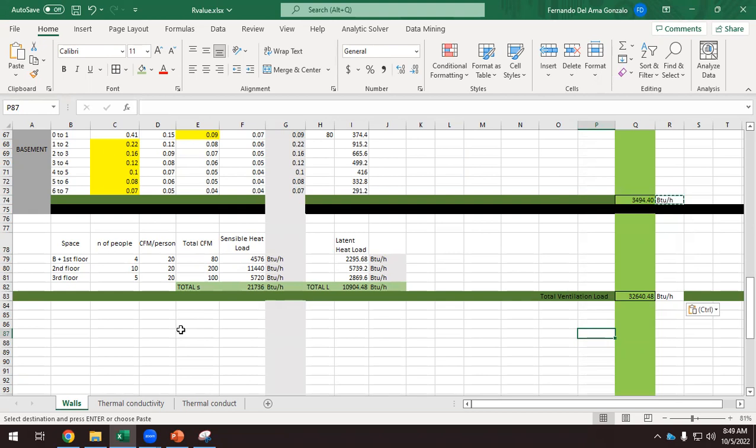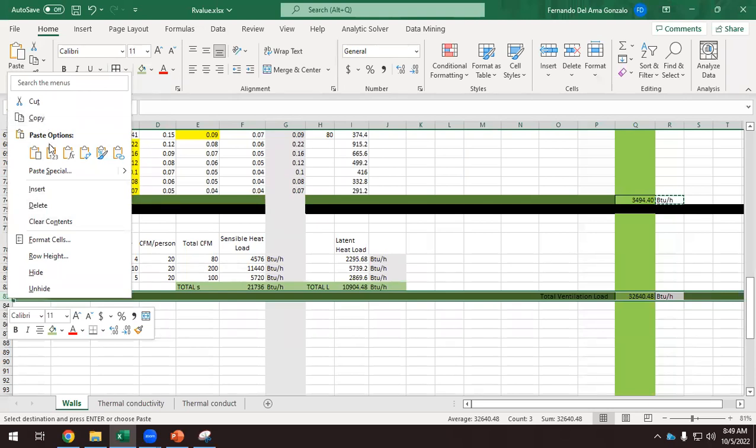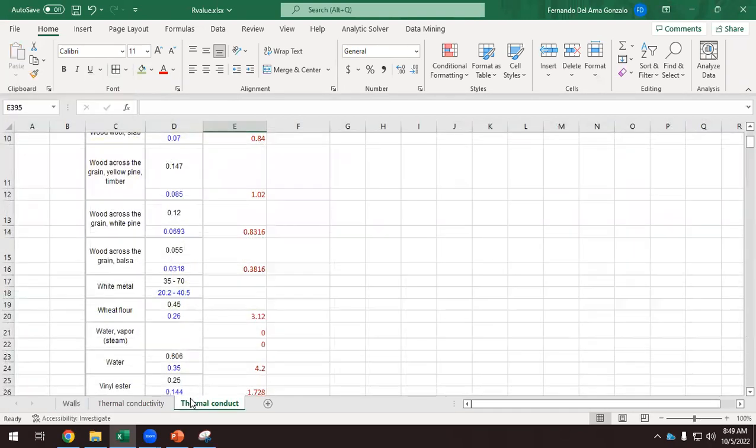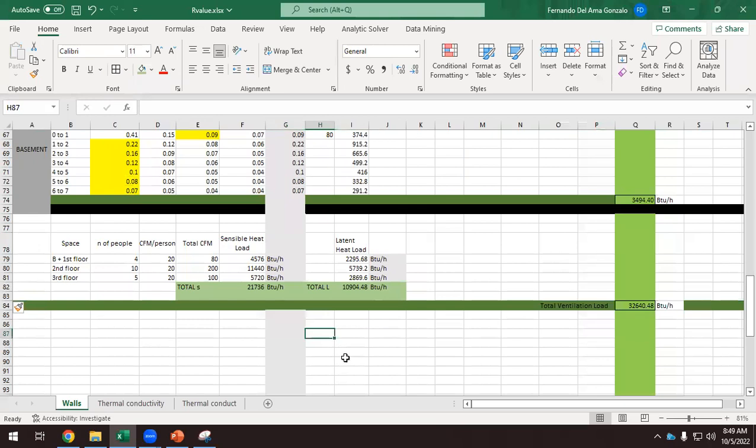So how can we do this? Well, if we apply a heat recovery, I'm going to insert another layer here. And probably in this layer, I have to somehow take into account the heat recovery.